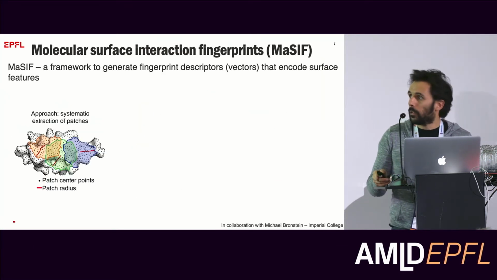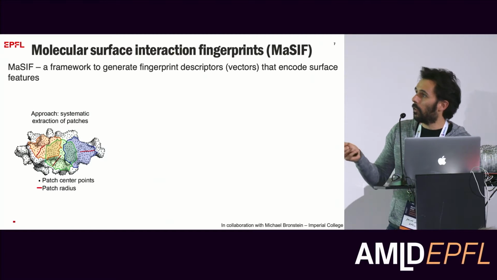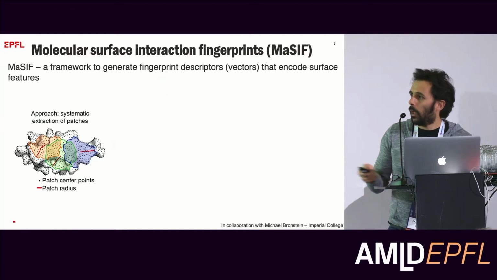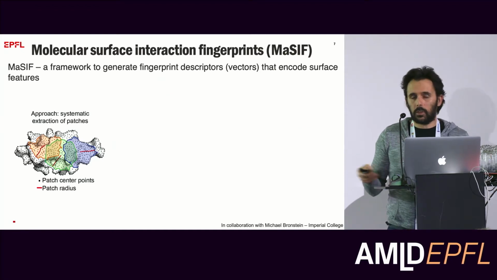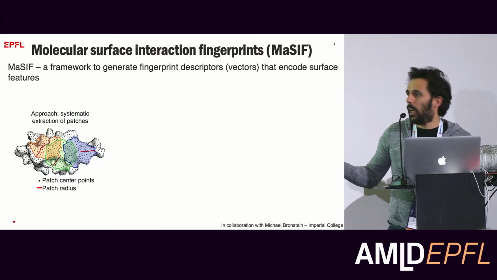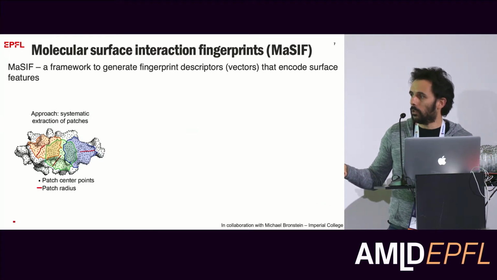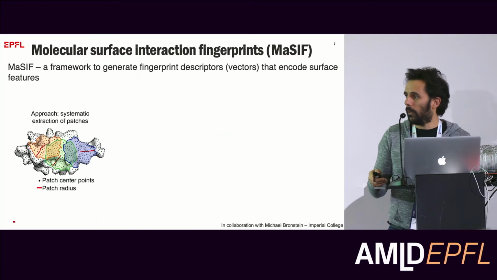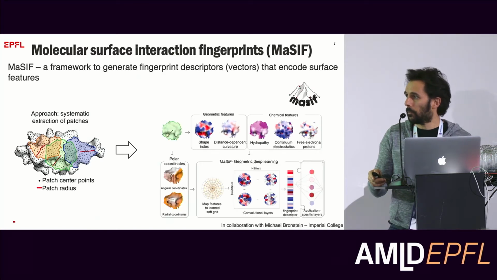And the way this looks is essentially this. We created this software called MaSIF, which you'll hear this name a lot during this presentation, where we have a protein structure. We basically create a surface out of this protein structure, we segment it into geodesic patches, and then inside of these geodesic patches, you in fact have points that compose these surface areas.